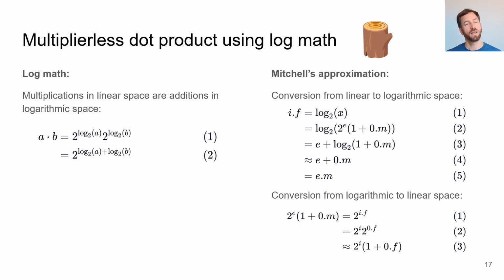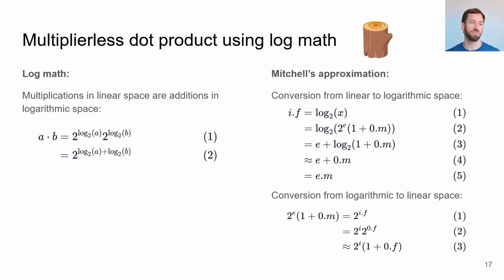However, accumulating these products is rather expensive in logarithmic space, so we have to go back to linear space to do that. Overall, this means, although we have replaced multiplications by additions, we have to execute logarithmic and power functions to switch between linear and logarithmic space.